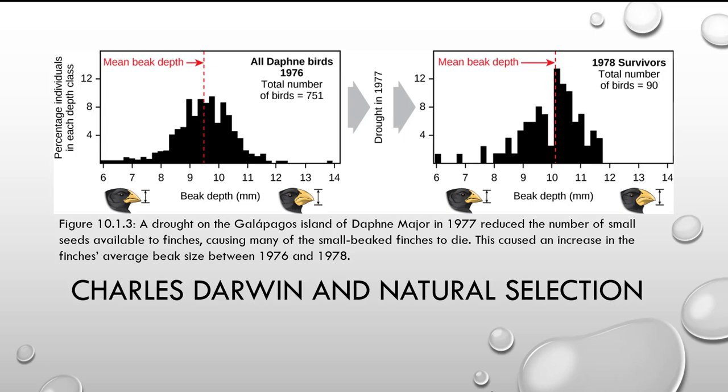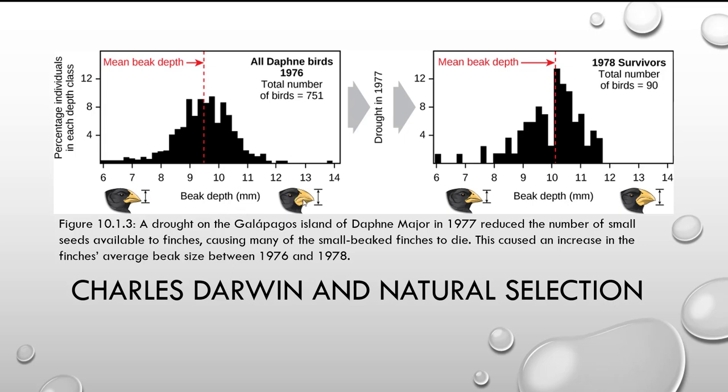Okay, so here is another example. This example is from your textbook. So this is a study that was conducted in 1976, I believe. So we have Daphne birds. In 1976, basically, they took a look at the beak depth of these Daphne birds.